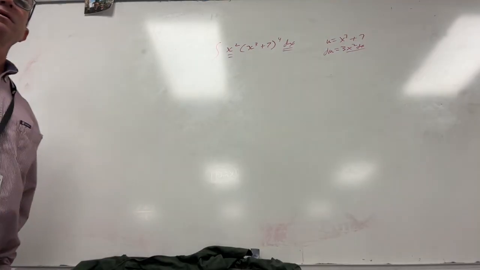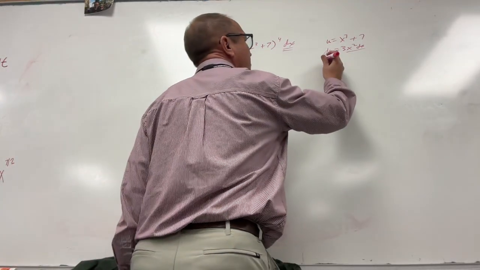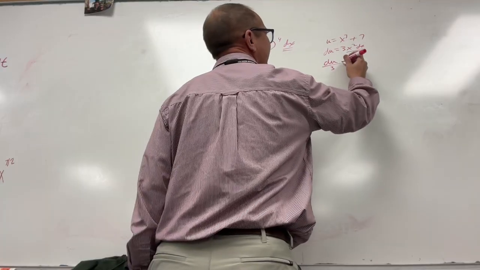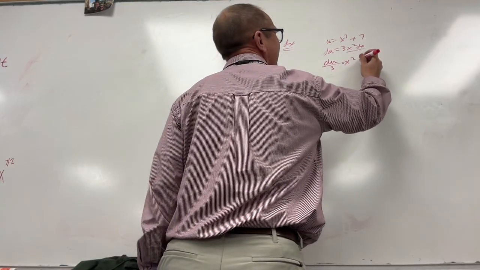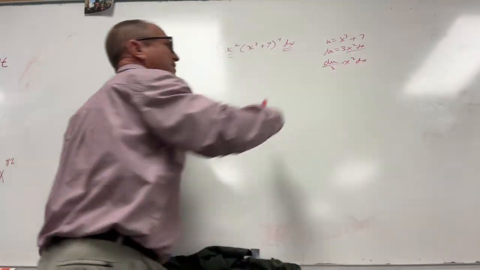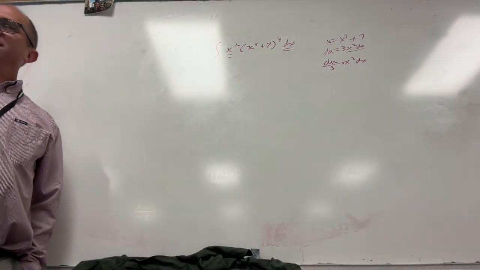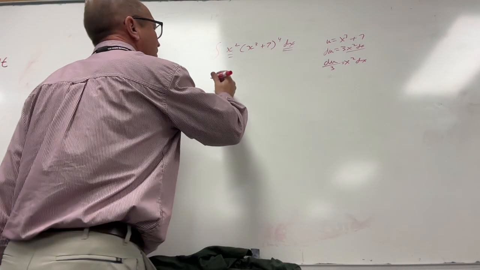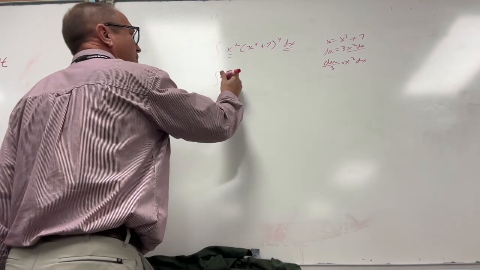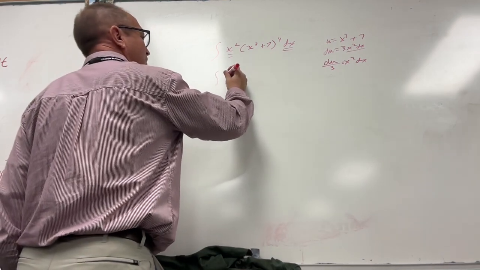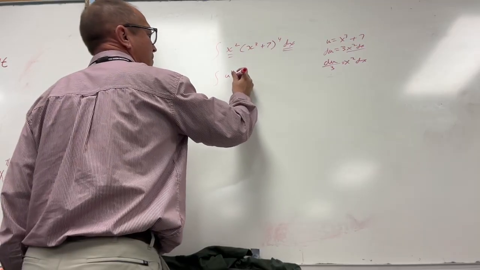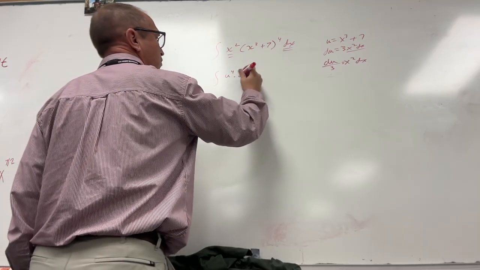Let's divide by 3. So x squared dx is the same thing as du over 3. So my new problem here is u to the 4th times du over 3.